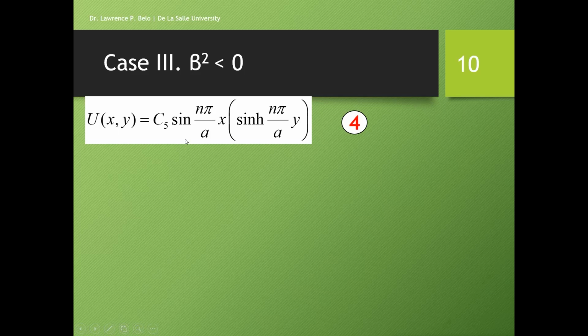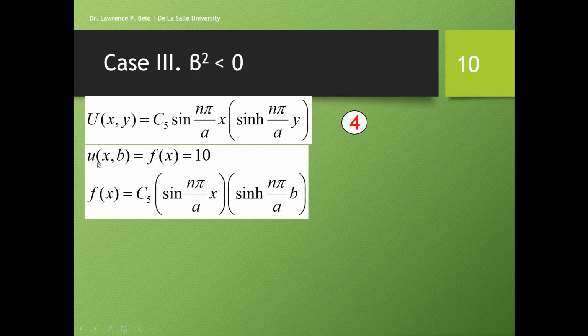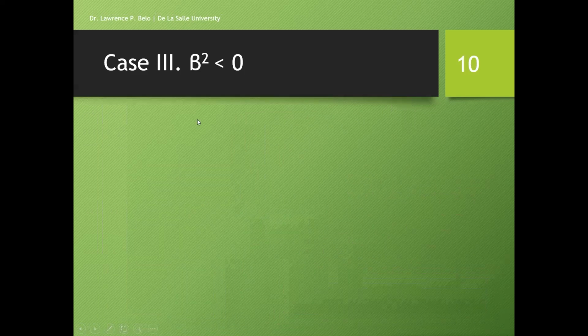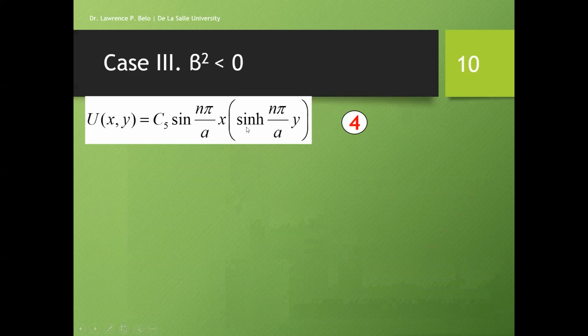Okay, take note, di ba nakatatlong boundary conditions na tayong na-i-apply? But hindi pa natin na-apply yung isa. So the last boundary condition in here is this. Kasi dito guys, look oh, pagka nag-zero siya, di ba you can simplify to this? Eh ito, pag in-equal mo sa 0, hindi naman 0 yung C5.